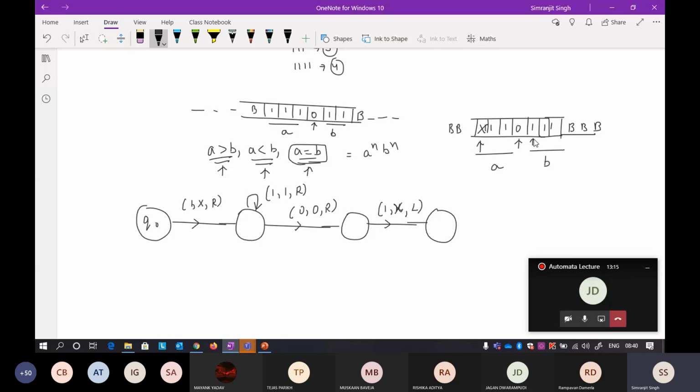When you get a first one, you change it to x and start moving left. When you move left, you will get a 0 again. Now this will again be your pointer here.